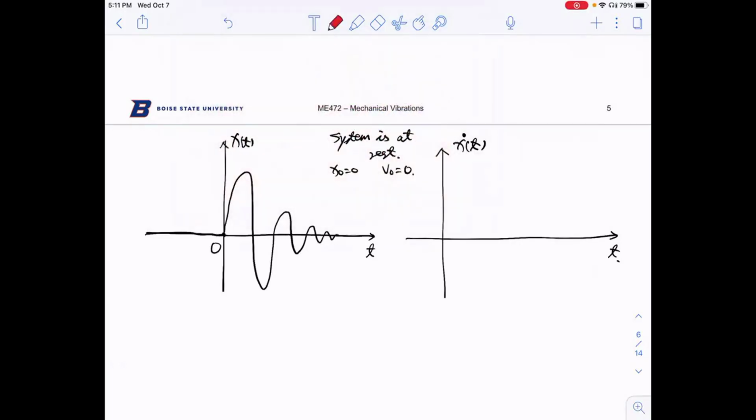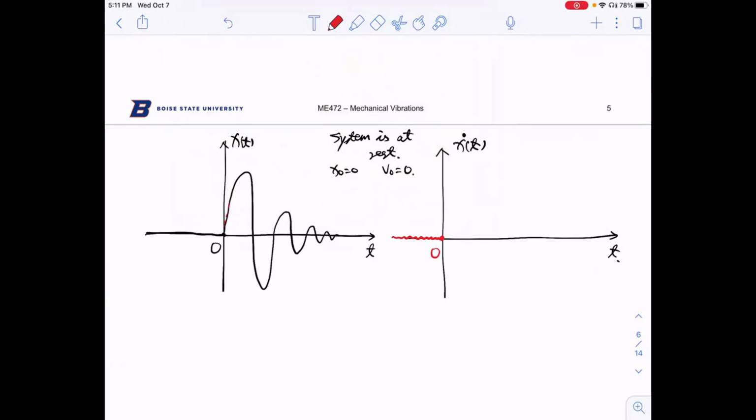Yes, that makes sense. Okay, so let's draw the velocity of this system. When time is before 0 it is flat, then the velocity is also 0, right? Because your velocity is a derivative of your x(t). So when your time is greater than 0, then you check the slope.